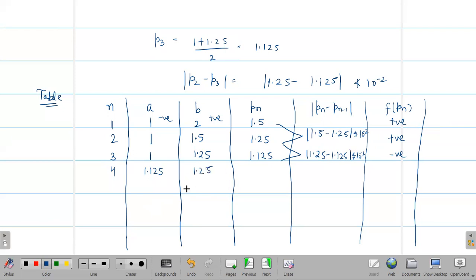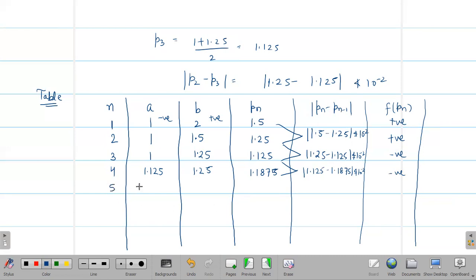Now if you again take the midpoint of these two, it will be 1.1875. So you find the accuracy, 1.125 minus 1.1875. It is not less than 10 raised to minus 2. If you check its sign, it is negative.